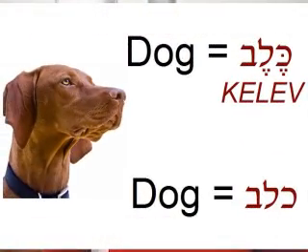is left out. In this example, you can see the word Kelev in Hebrew, or dog in English, in two Hebrew versions. On top, the one with the dotting, and on the bottom, the one without the dotting.